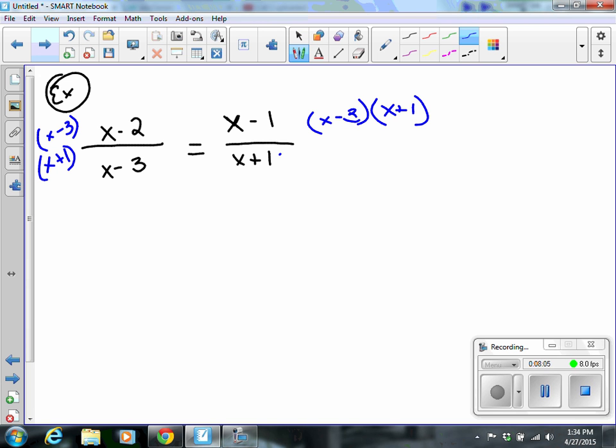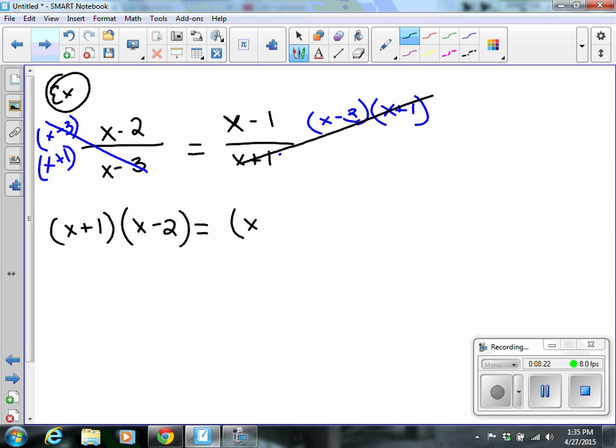On the left here, this x minus 3 cancels. I'm left with x plus 1 times x minus 2 equals. Now on the right, the x plus 1 cancels, and I have x minus 1 times x minus 3. Got rid of my fractions. Step 2, distribute.